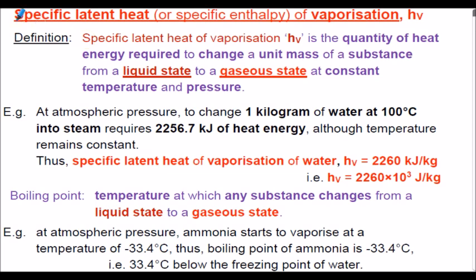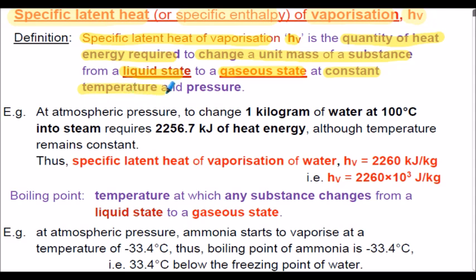Let's consider specific latent heat, specific enthalpy of vaporization, usually denoted as H suffix V. So definition: the specific latent heat of vaporization, HV, is the quantity of heat energy required to change a unit mass of a substance, this time from a liquid state to a gaseous state at constant temperature and pressure.